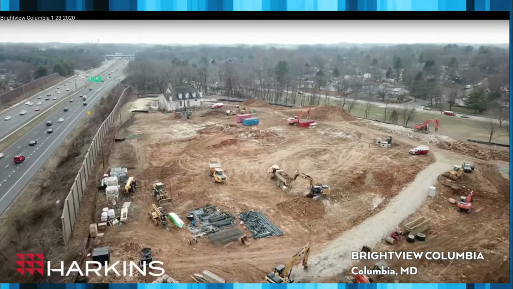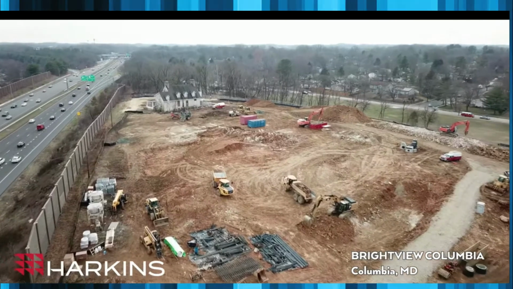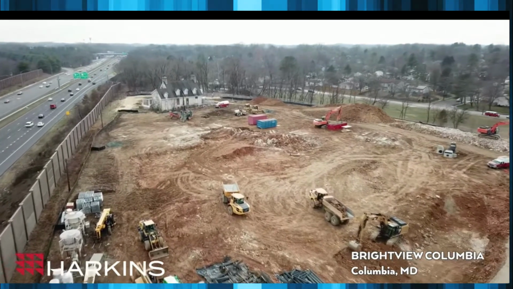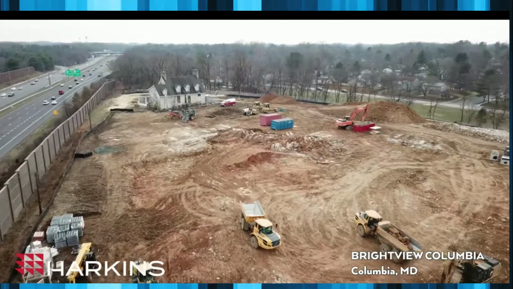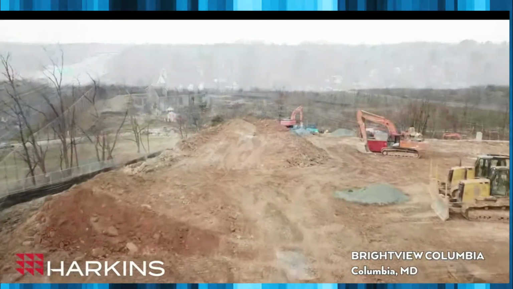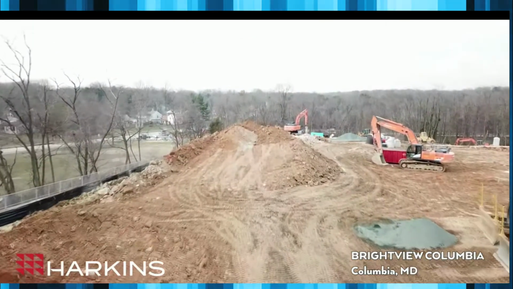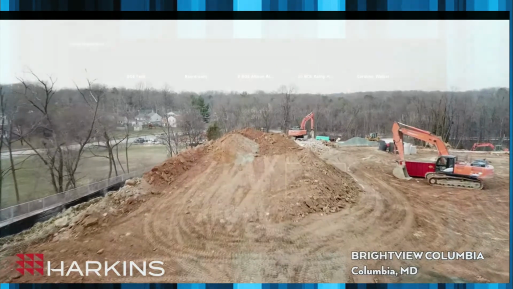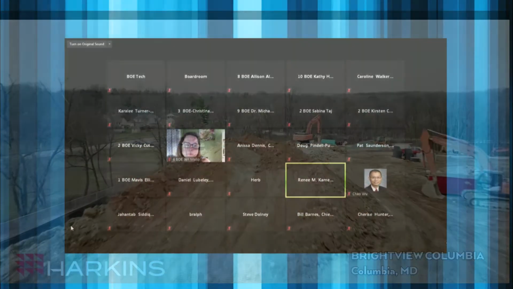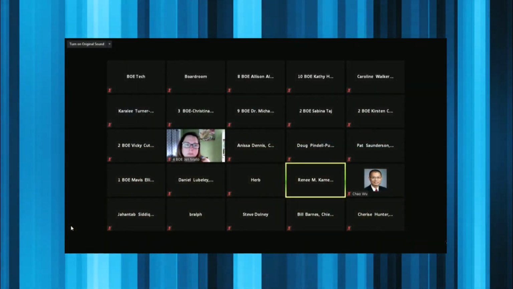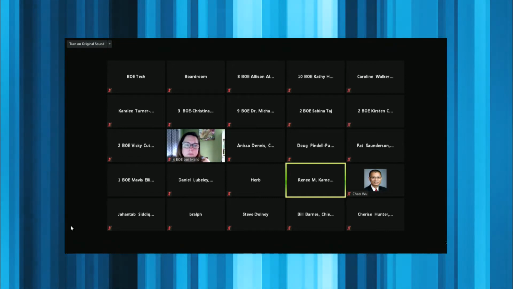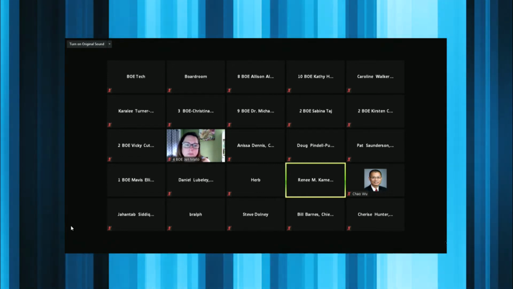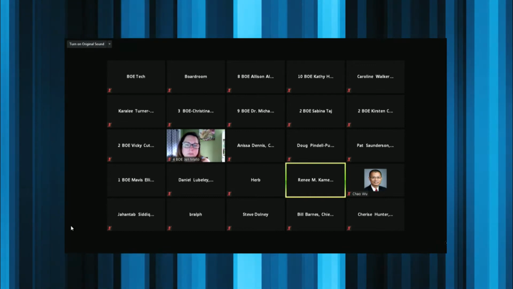So the actual effect of COVID is yet to be seen in at least our projections, but our office is actively trying to talk with our colleagues in other areas, as well as realtors and our MBIA association, to see if they're seeing any declines as well in sales or in building.